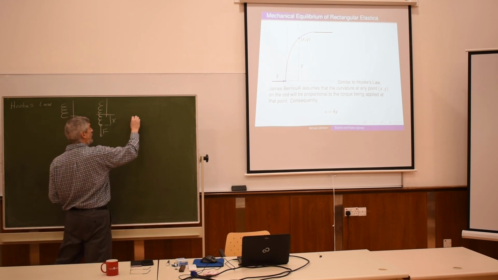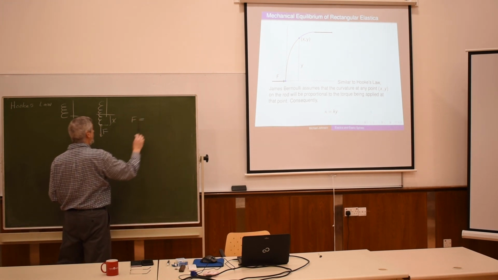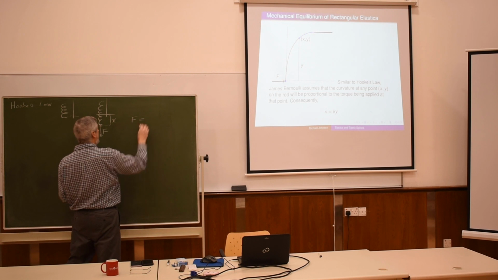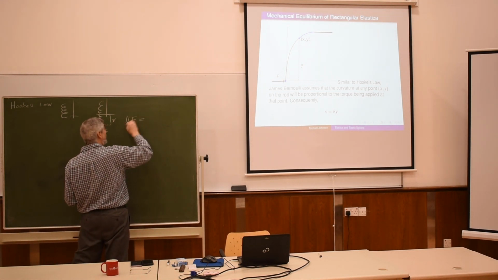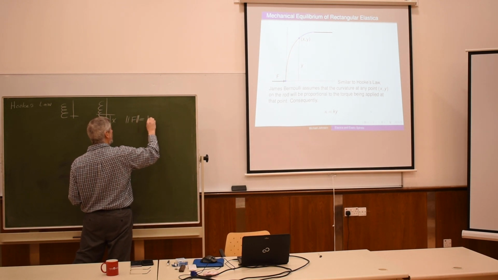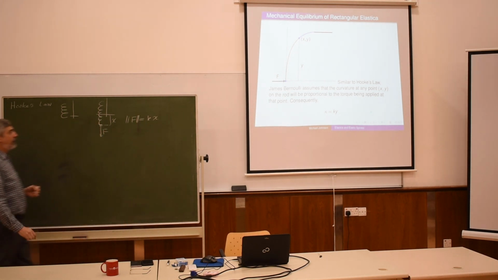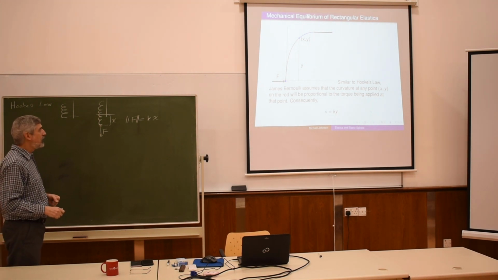Force equals, I pointed it down, so minus, yeah, the magnitude is k times x. So we have something like Hooke's law, or Bernoulli had something like Hooke's law when you bend a rod. When you bend a rod, it's kind of like a spring, but not a curly spring, a different type of spring.